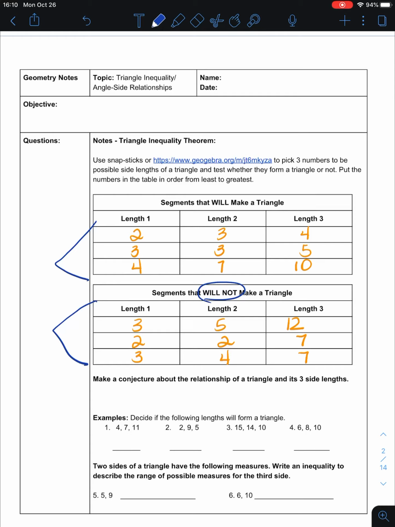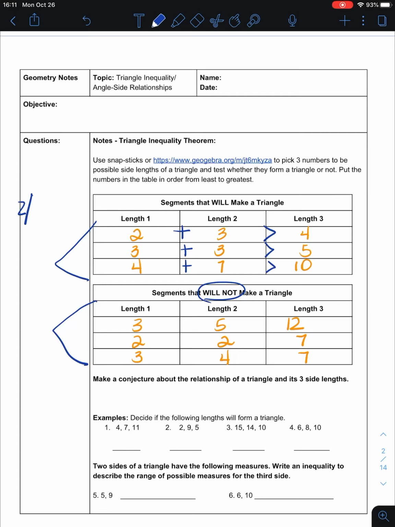If you look at the ones that will make a triangle, I put them in order from least to greatest. Notice that the sum of the two short ones, 2 plus 3, is bigger than 4. 3 plus 3 is bigger than 5. 4 plus 7 is bigger than 10.